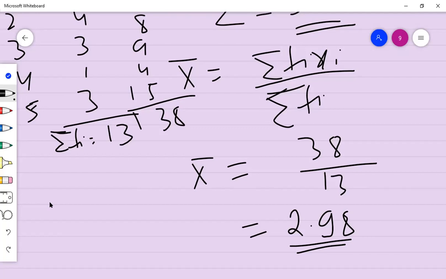And we can find the mean for grouped data as well, if the data is given in groups. I already learned about mean, mode, and median.